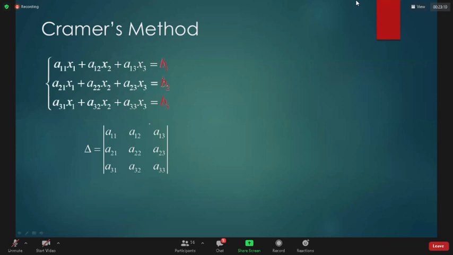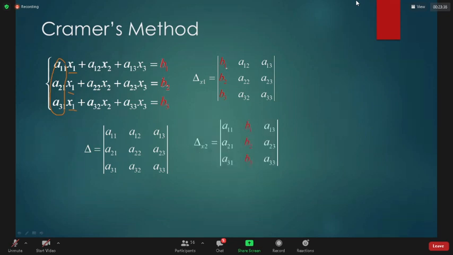So I specifically now color the right-hand side column red, because for finding the first unknown, we replace the first column, the elements of the coefficients of that element, say of x1. All coefficients of x1 in the determinant are replaced by this red column from the right-hand side.